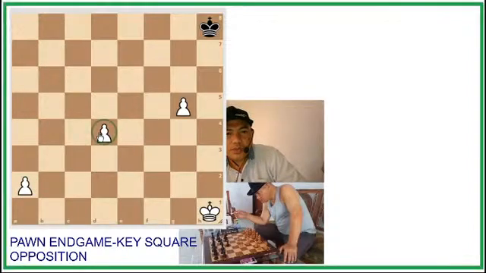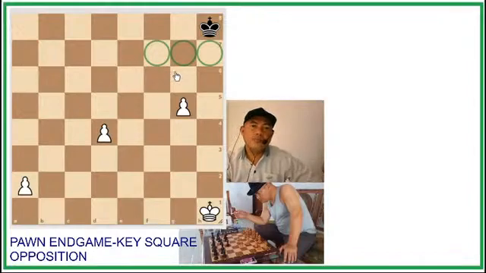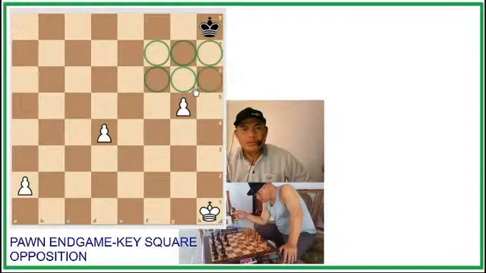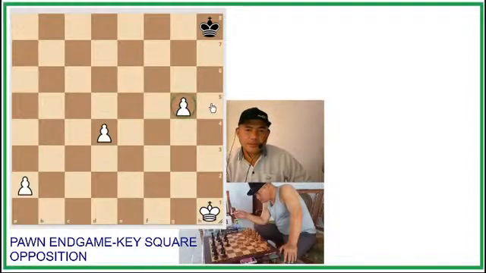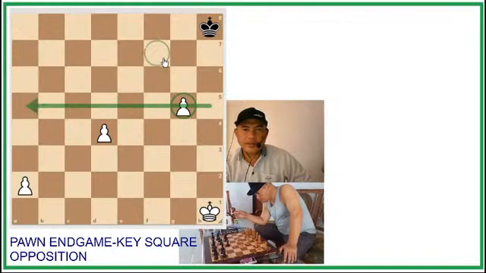This is the key square, and then the key square is here, and this is the pawn on the 5th rank, and the key square is not only on the 2nd rank but also this.